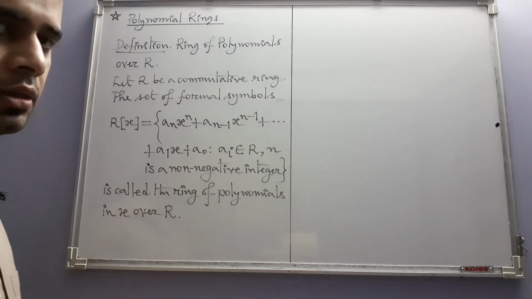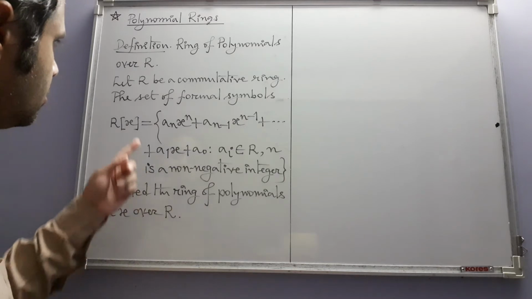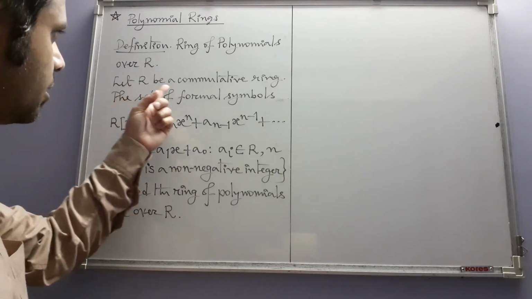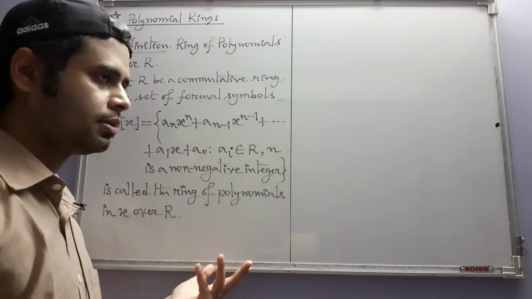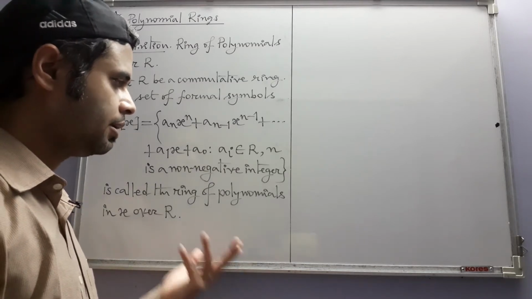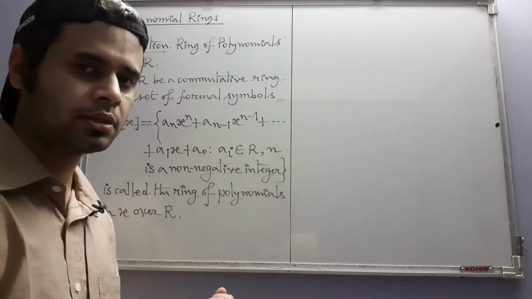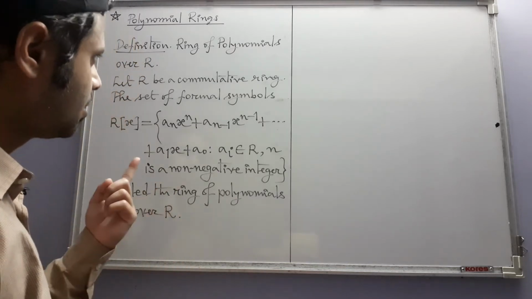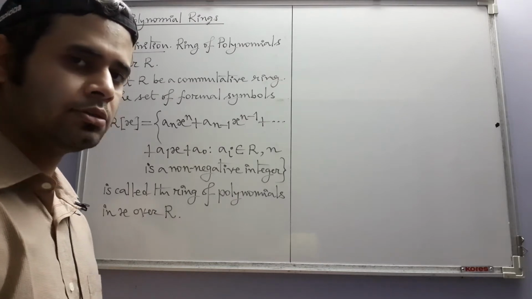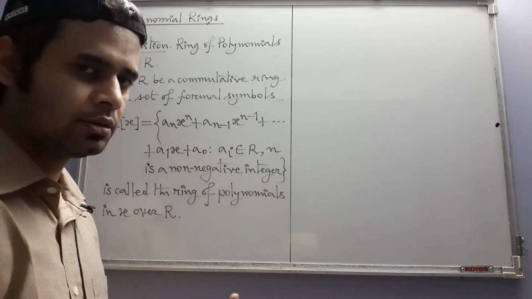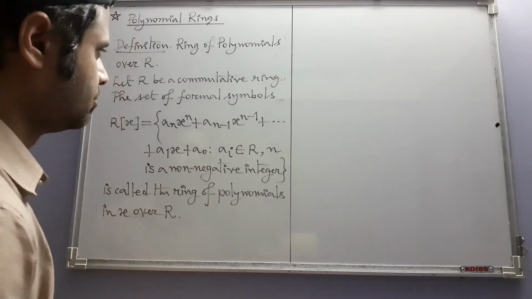What we have done here is just simply this: we have started with a commutative ring R. Commutative ring means any ring where the multiplication is commutative. So in place of R, you cannot, for example, choose the ring of 2 by 2 real matrices, because we know that that ring is not commutative.